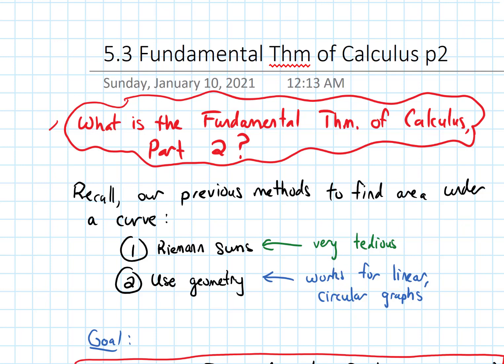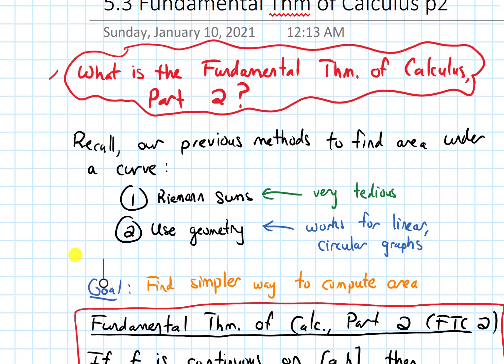Our goal in this video is to find a simpler way to compute areas like this. All right, so this is where the Fundamental Theorem of Calculus is going to come in.